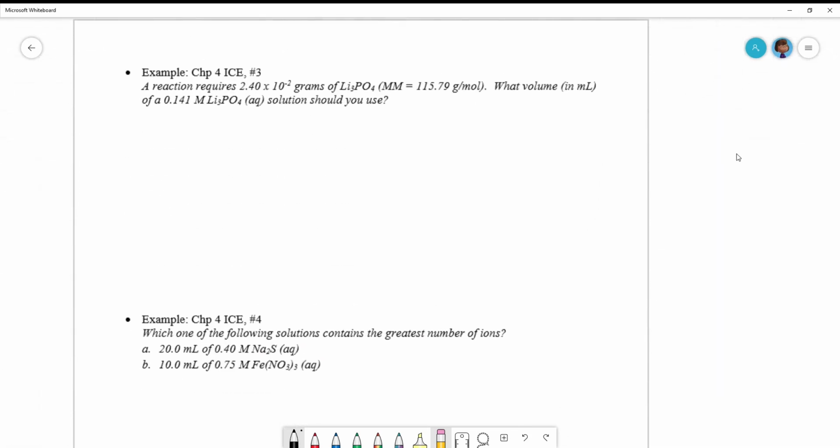Number 3. So number 3 says a reaction requires 2.40 times 10 to the negative 2 grams of Li3PO4, that's lithium phosphate. We're asked what volume in milliliters of a 0.141 molar lithium phosphate aqueous solution should you use? Okay, so let's again draw a little picture here.